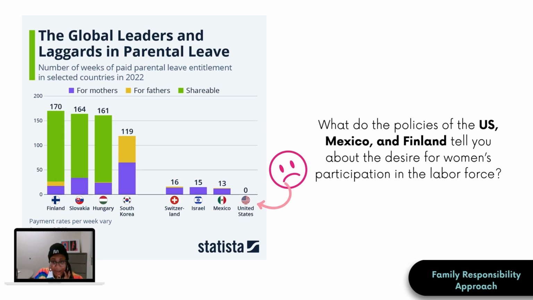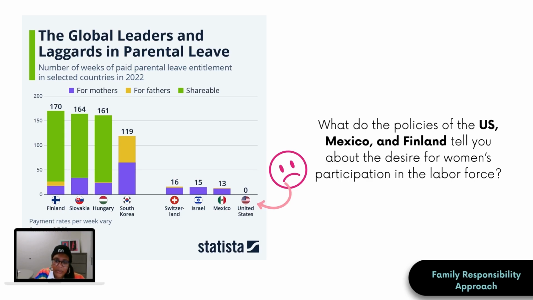So, what you're looking at right now is a graph that's showing the number of weeks of paid parental leave entitlement in select countries. And what do you see there?